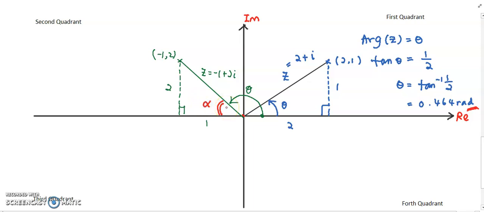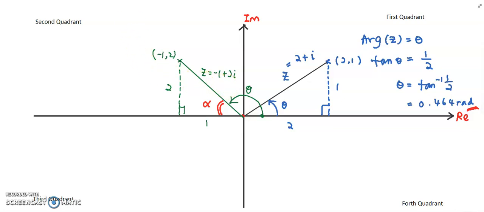I know that alpha plus theta forms 180 degrees, or pi radian. To get the theta, we can use pi radian minus alpha. Once we get the alpha, we take pi minus alpha, and we will get the argument of Z, which is known as theta.